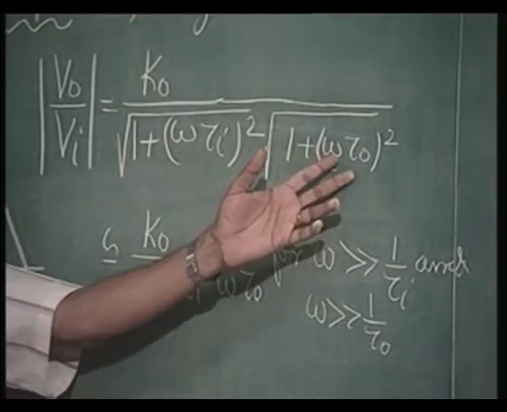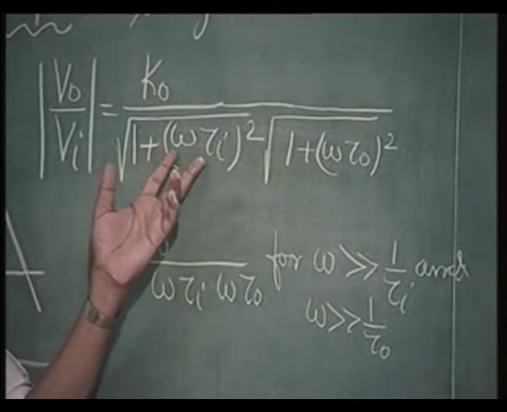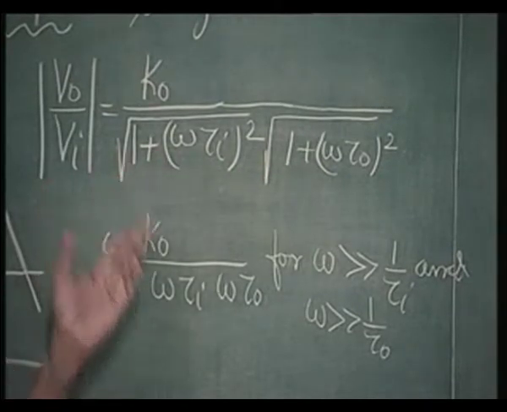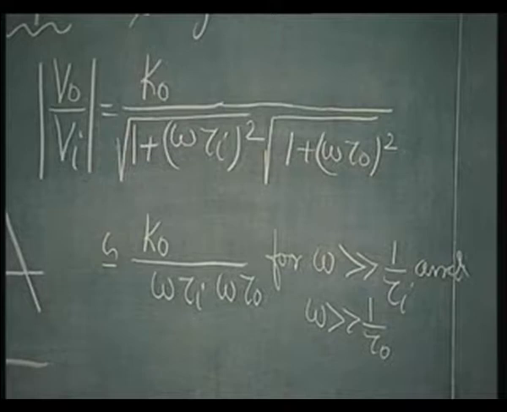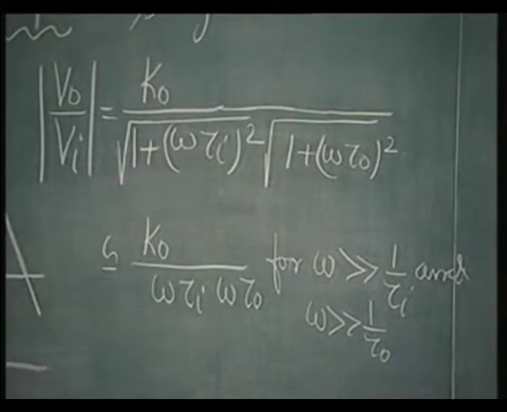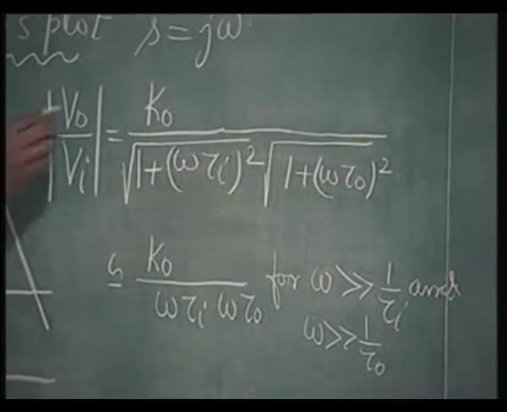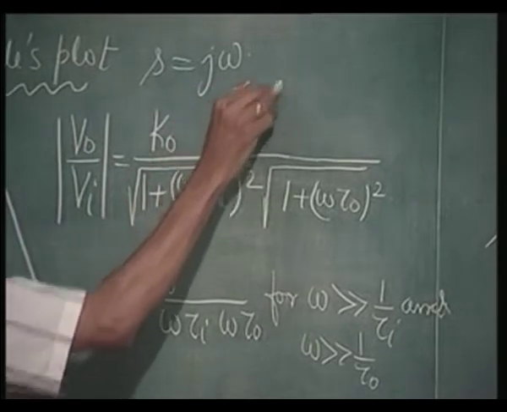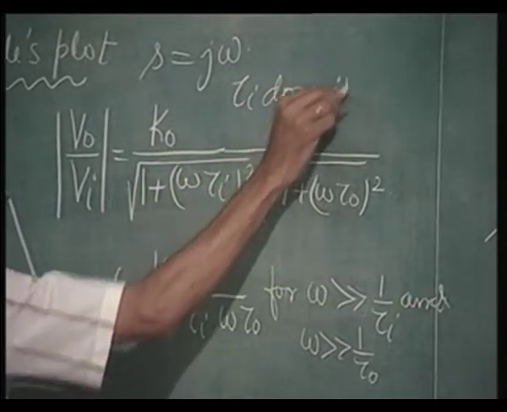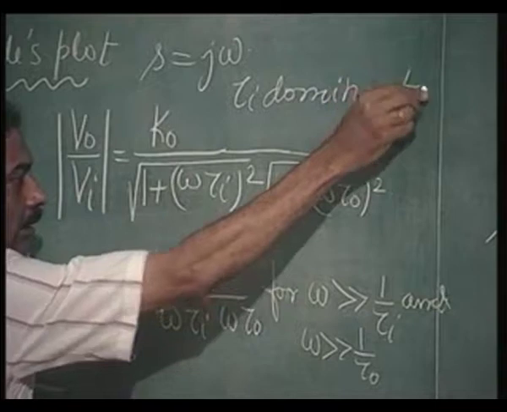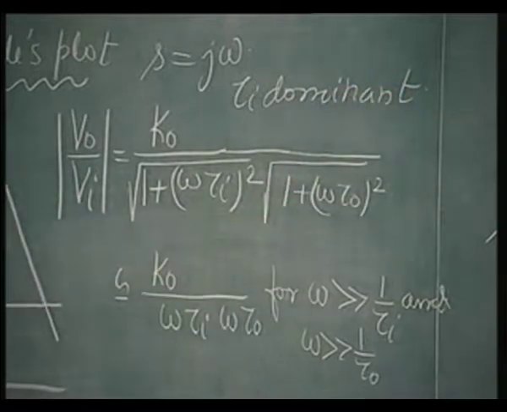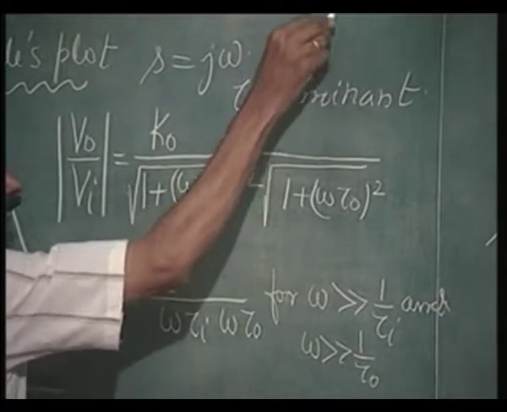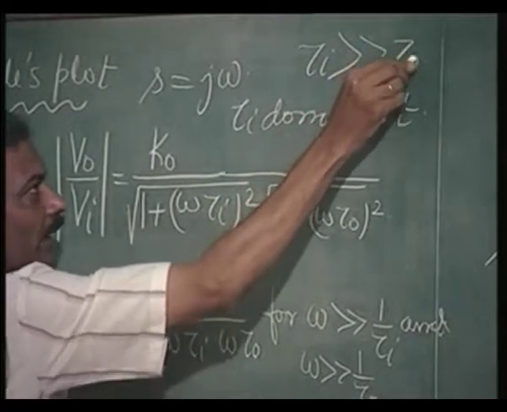Then this is small compared to 1, only this has become very large compared to 1. In this range, therefore, time constant tau I is said to be dominant.